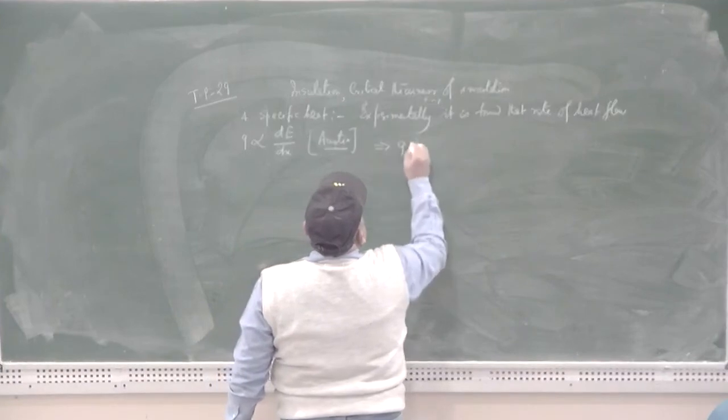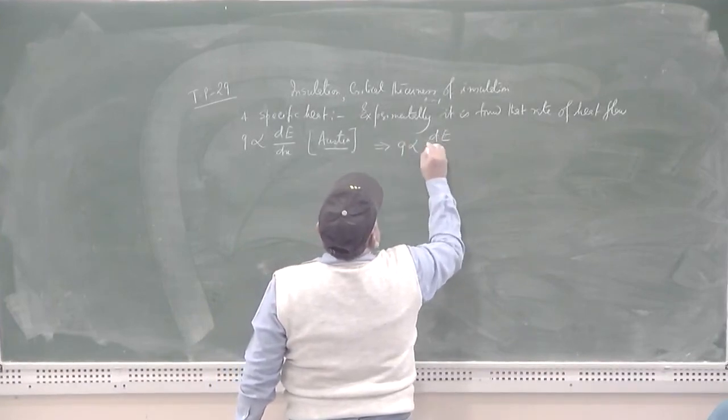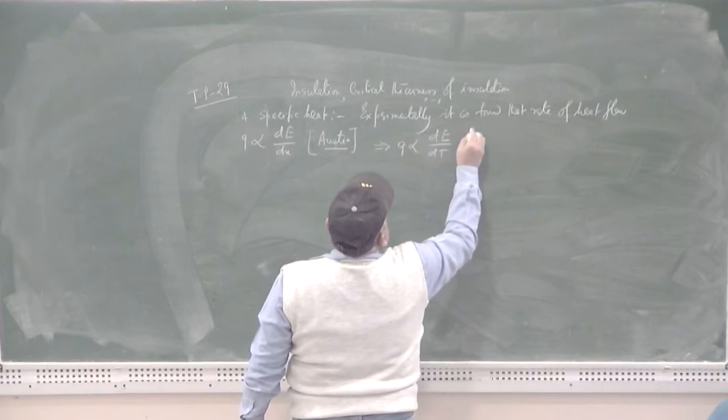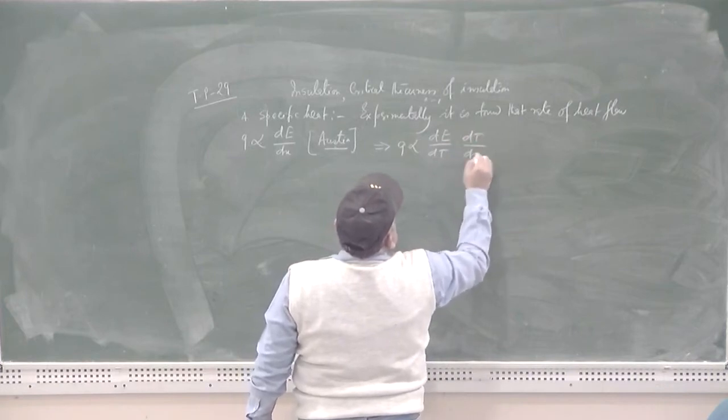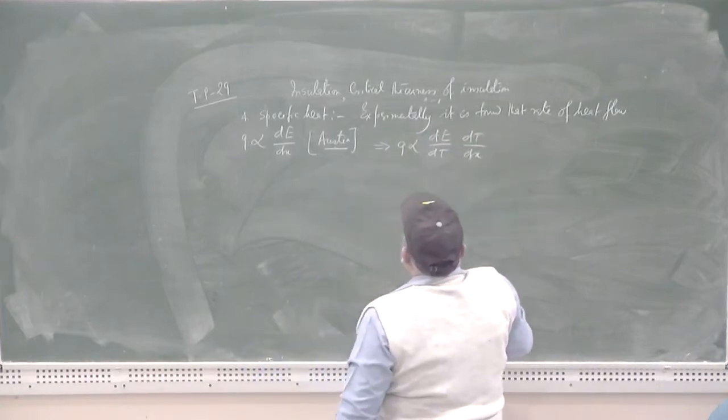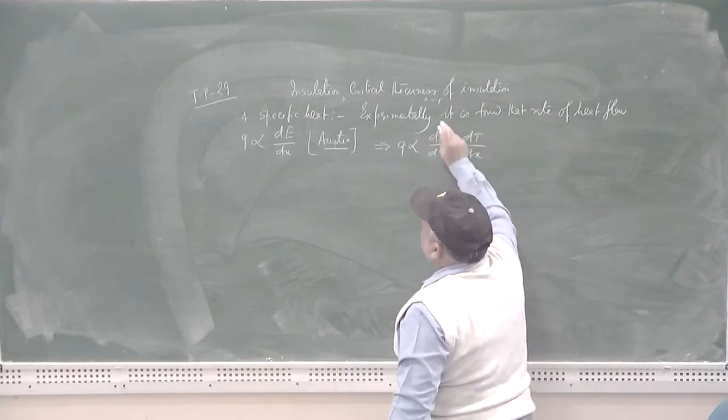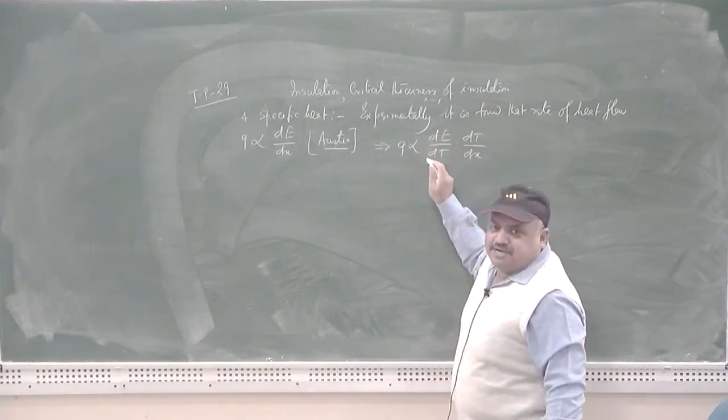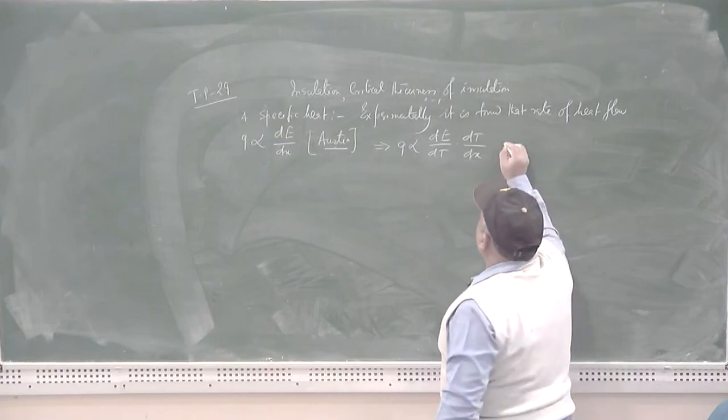So, it can be written as Q is directly proportional to dE upon dT into dT upon dx. Now, this dE by dT quantity is called the specific heat capacity at constant volume.